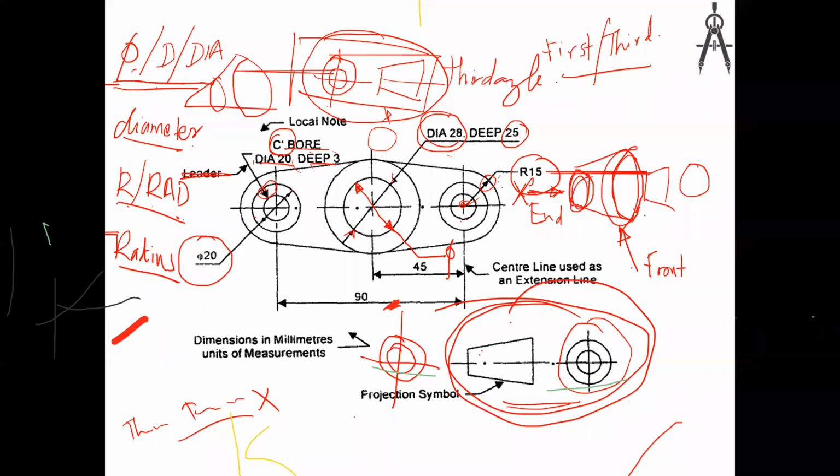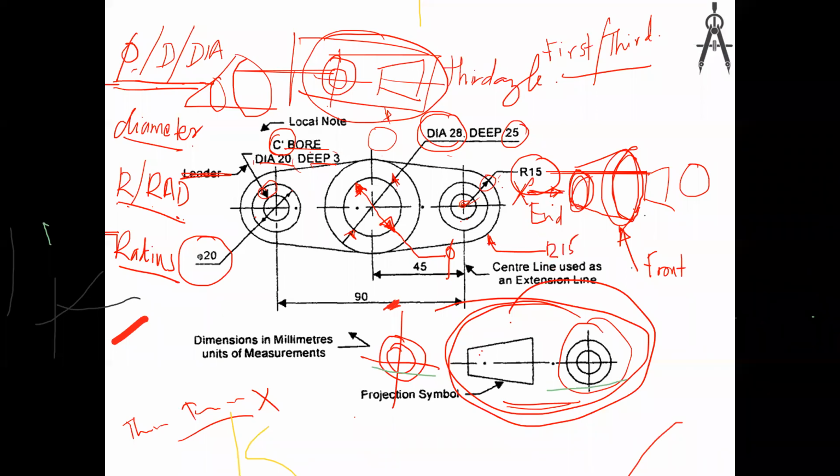That depends on your circle size. If you think an inside arrow will interrupt your drawing, that means it is not good for showing it, then you can give it from the outside. So if you see here, this is given from the inside. From the outside also you can give R 15.